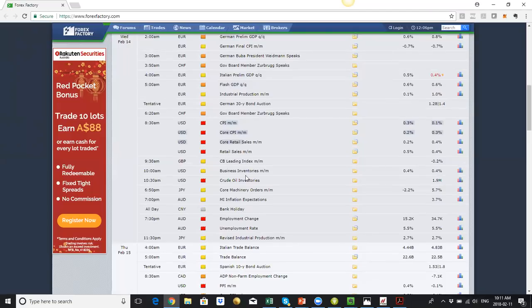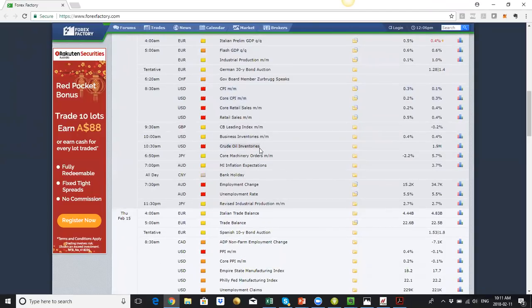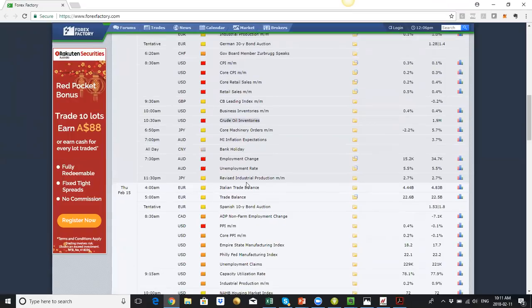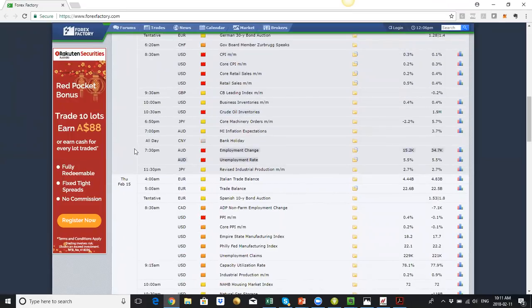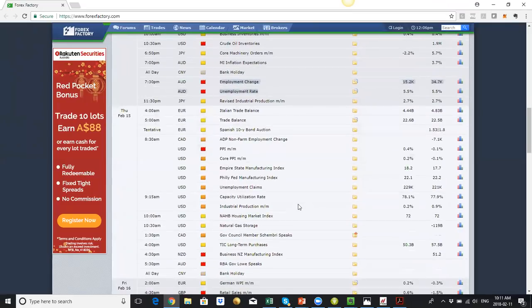And then we have crude oil inventories, which will be important for Canadian dollar as well. Then Australia, we have employment numbers, which will be important there, and then PPI numbers for the US. We also have ADP non-farm for Canadian dollar that will have an impact.